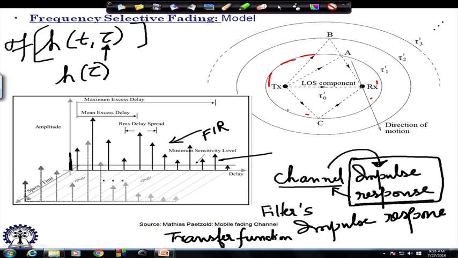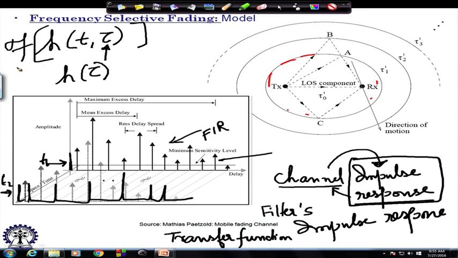Here what you see is if I would launch the impulse here, the response that I am going to get at different delays would be different than the situation when the impulse was launched at an earlier time. So, if I look at the impulse response at time t1, impulse response at time t2, they would be different, and hence we are getting a time varying response.